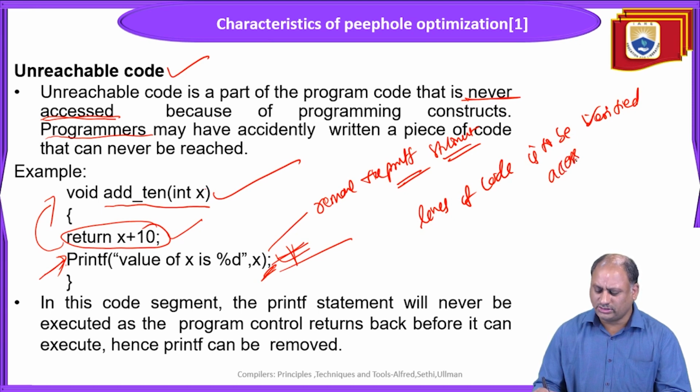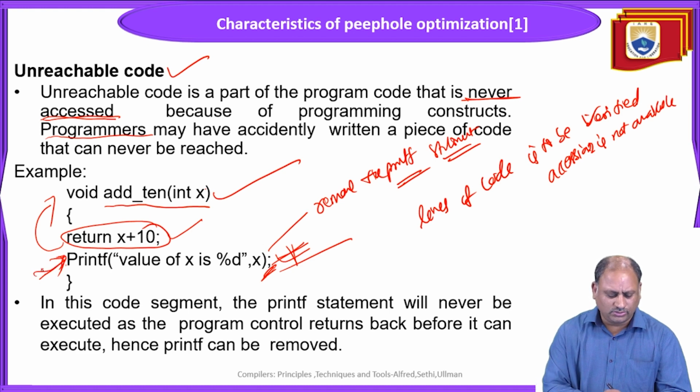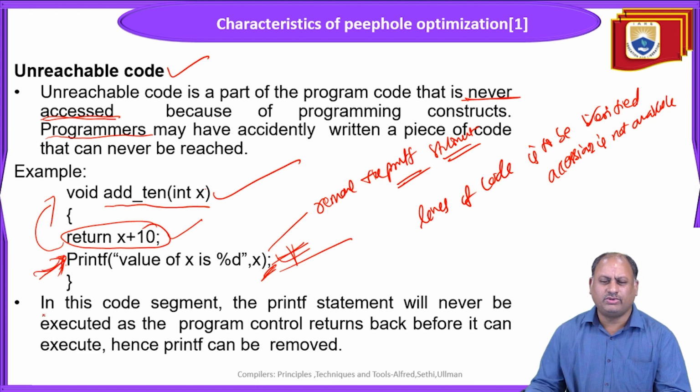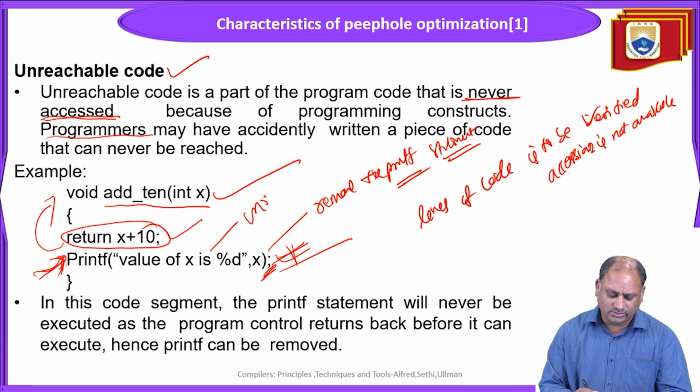The control access is not available to this. So there is no access point that goes to this place. Each and every line of code is to be verified, and then we will come across this and verify the code. Thus, this code is called unreachable code.